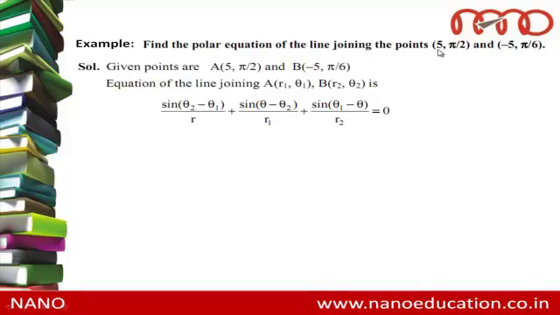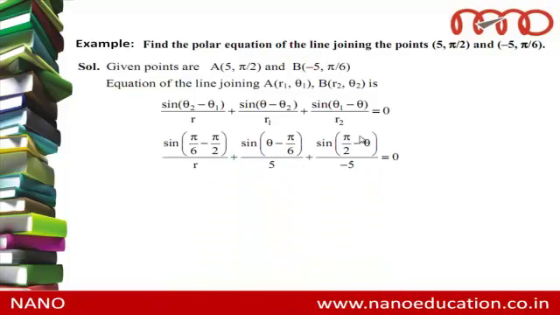We know r1 is 5, theta 1 is pi by 2, r2 is minus 5, theta 2 is pi by 6, and r, theta being the variables corresponding to a variable point on the line. Substituting, we get sine of pi by 6 minus pi by 2 by r plus sine of theta minus pi by 6 by 5 plus sine of pi by 2 minus theta by minus 5 is equal to 0.